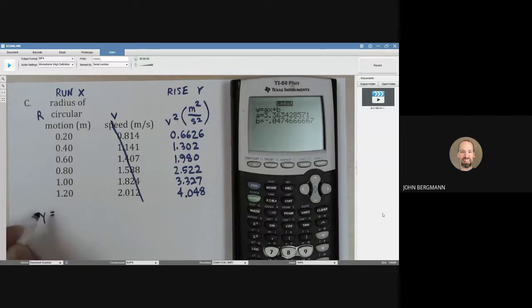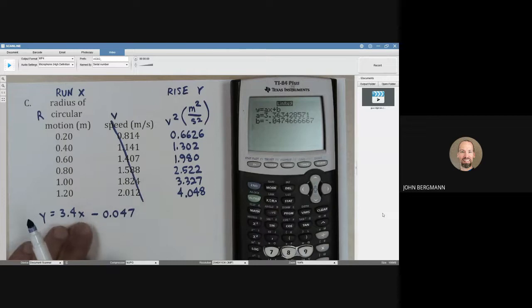y equals 3.4. I'll just round it to the same number of significant figures that radius was given. 2 sig figs, 3.4x minus 0.047. But don't leave it as y and x.